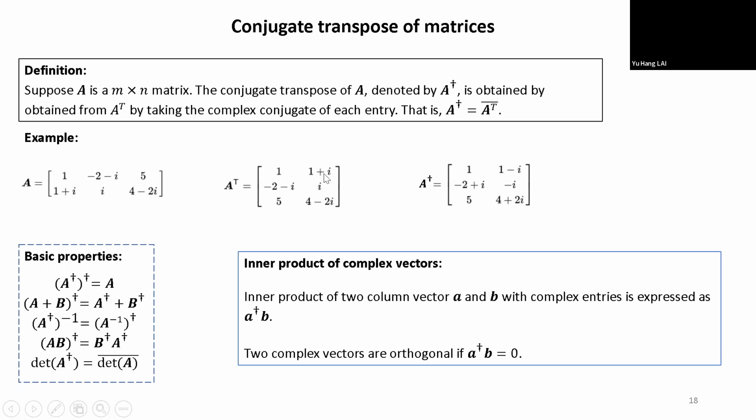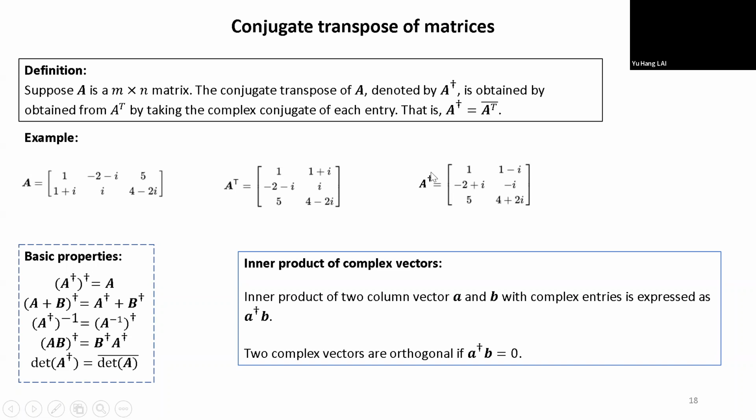You can see that 1 plus i becomes 1 minus i, minus 2 minus i becomes minus 2 plus i, and so on. From the first step all the way to the last step, I call this taking the conjugate transpose.